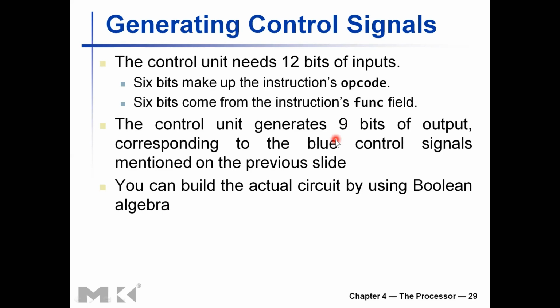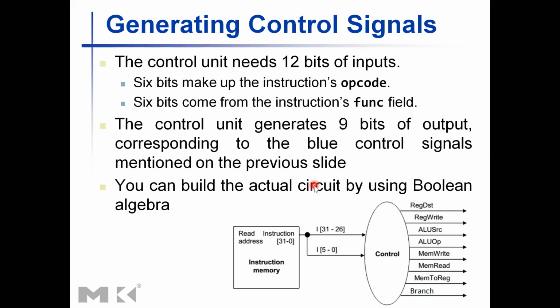It's a different design, a simpler design. But for that also you need control signals, and you use the same methods. You decide what inputs you need for the control units, what output you're generating, and then come up with a combinational circuit to do that. So you already know how to implement that.